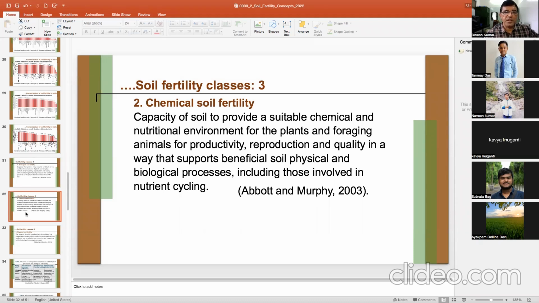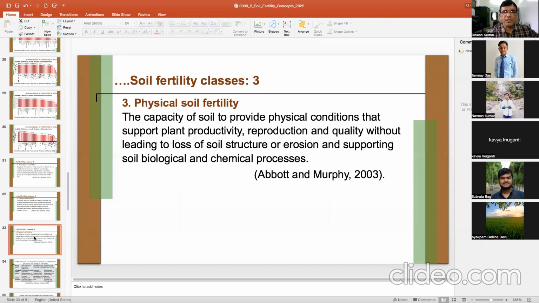That part is your chemical soil fertility. And then similarly, you have physical soil fertility, the capacity of soil to provide physical conditions that support plant productivity, reproduction, and quality without leading to loss of soil structure or erosion, and supporting soil biological and chemical processes.